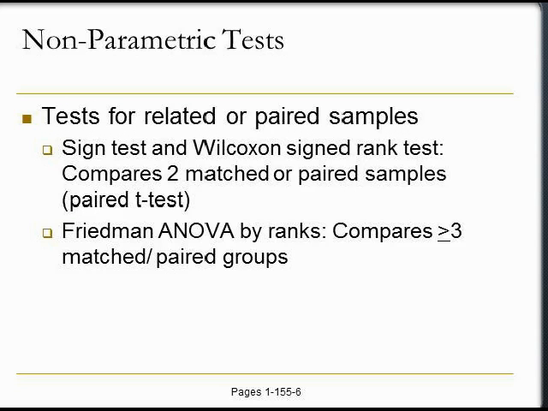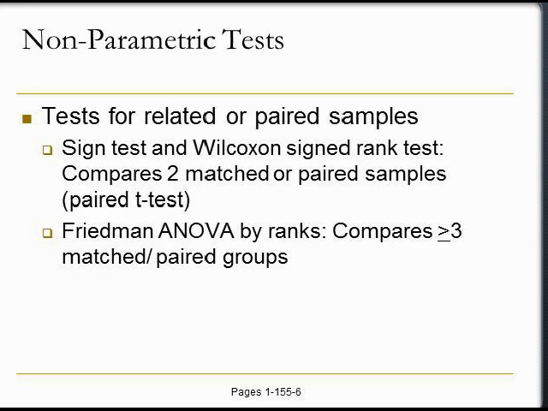On the related side now, so this would be paired samples, paired t-test. Note that both of these tests include the word sign, because we're looking at differences that exist between a pre and a post, and the sign of the difference between those. So sign test, and most people get a little bit confused because this also includes Wilcoxon.